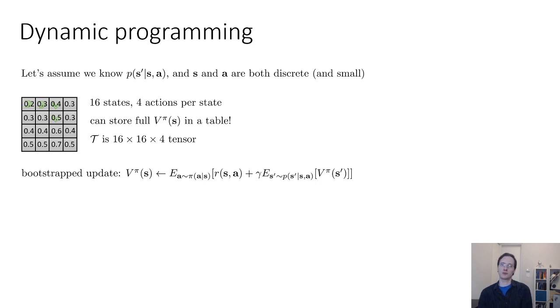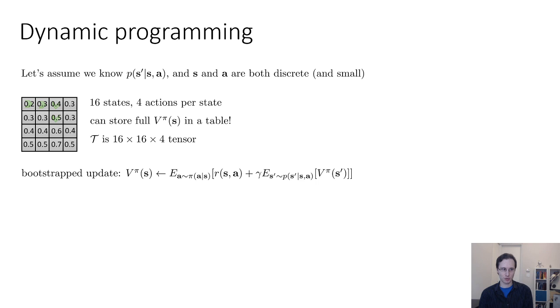And now we can write down the bootstrapped update for the value function that we saw in lecture 6 in terms of these explicit known probabilities. So if we want to update V pi of S, we can set it to be the expected value with respect to the actions A sampled from our policy pi of the reward r(S,A) plus gamma times the expected value over S prime sampled from P of S prime given S,A of V pi S prime.